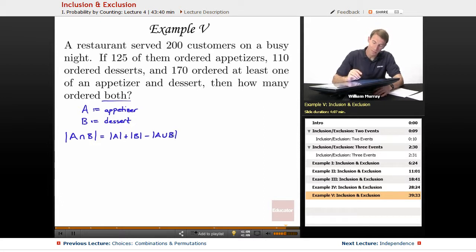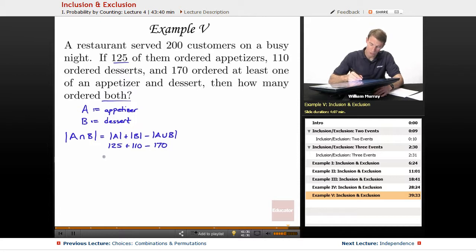A is the number of people who had appetizers, and it tells us that that's 125. B is the number of people who ordered desserts. There's 110 of them. But 170 people ordered at least one. That's the union right there. At least one means a union. So we're going to subtract off 170 here.